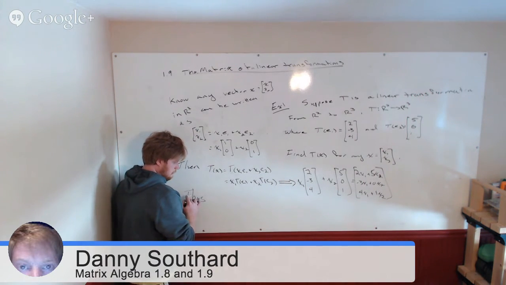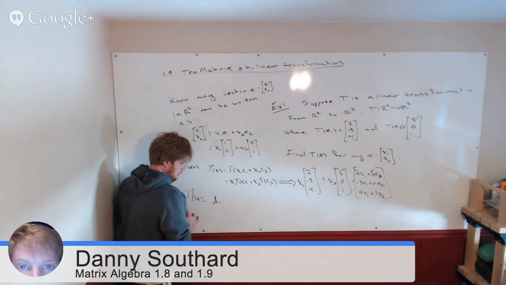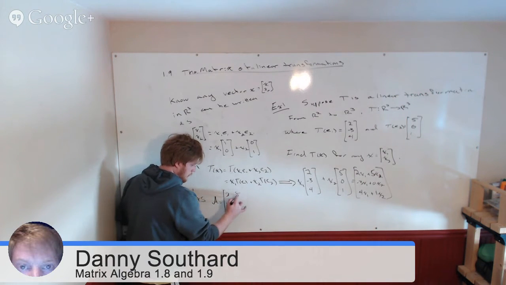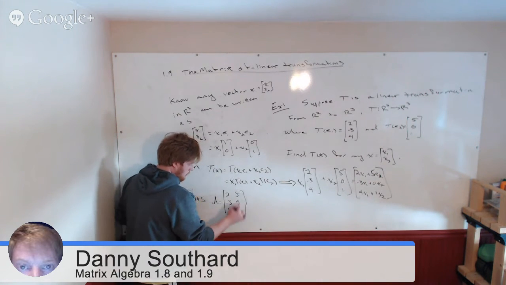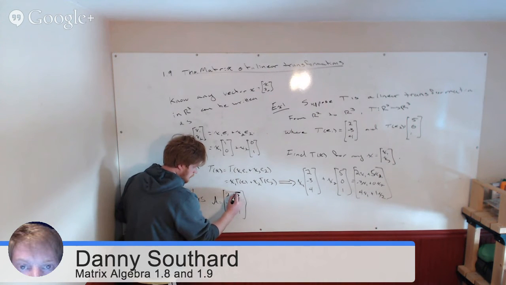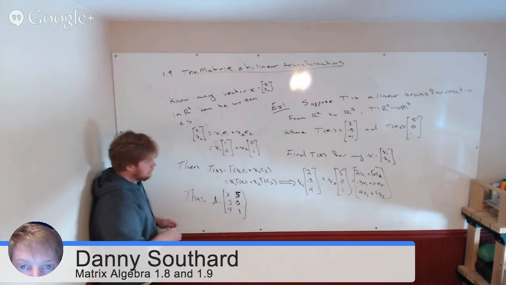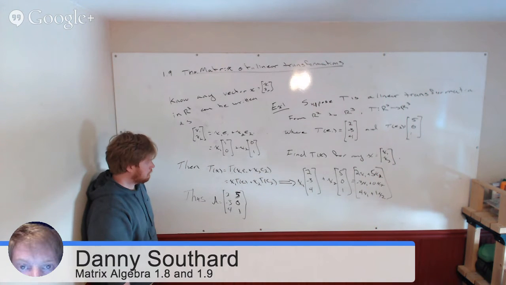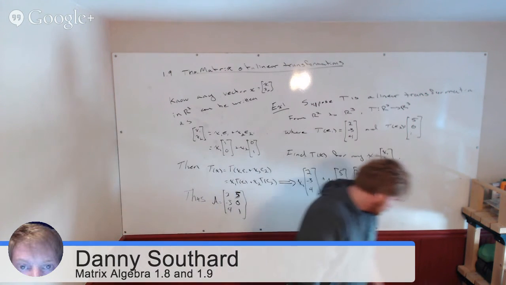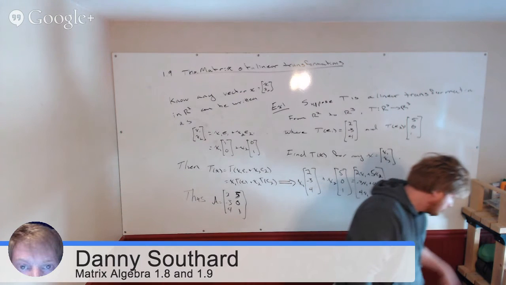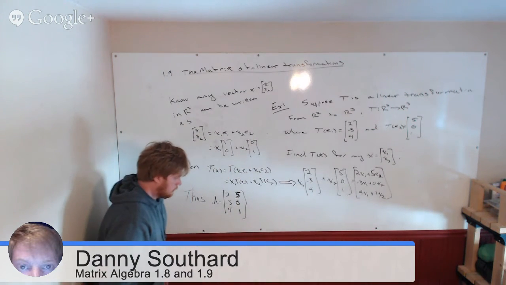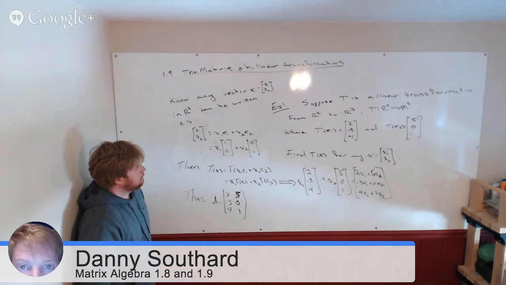Thus A must be the matrix with rows 2, 5; -3, 0; 4, 1. Okay.